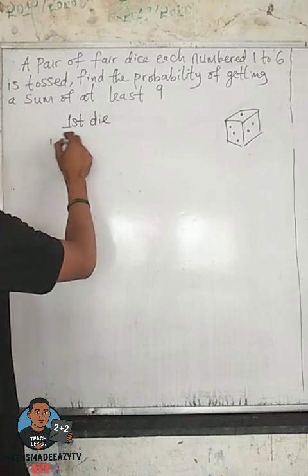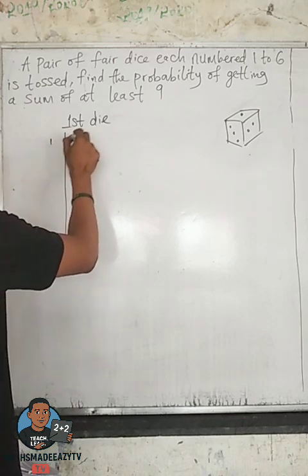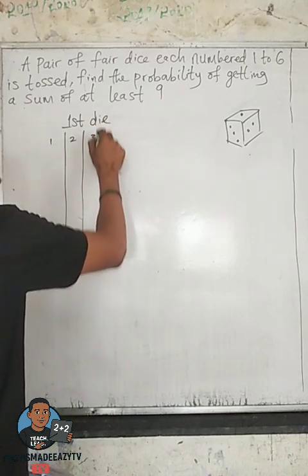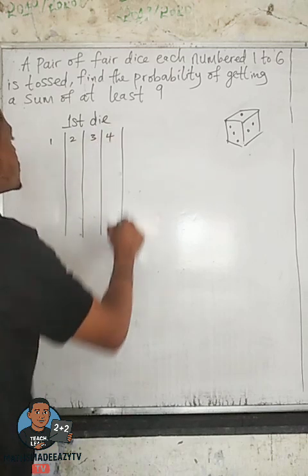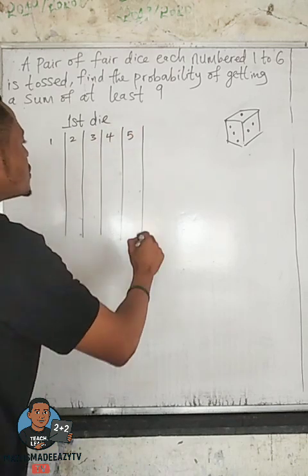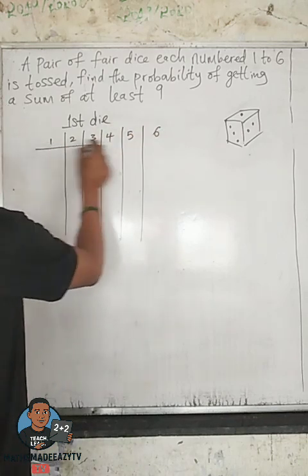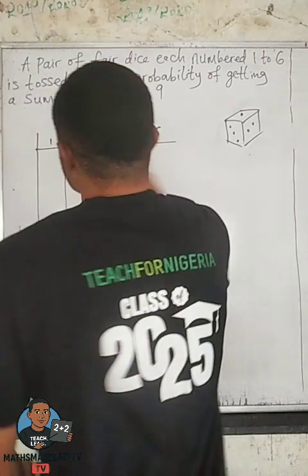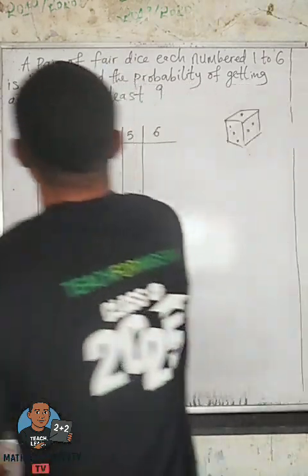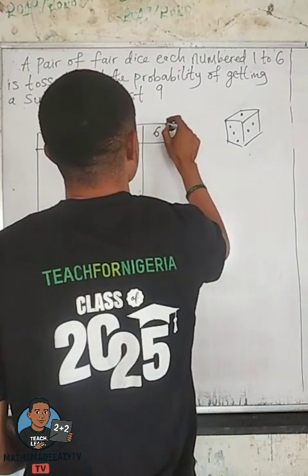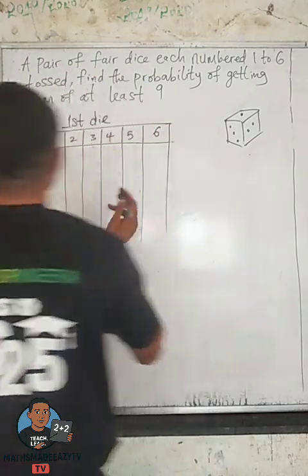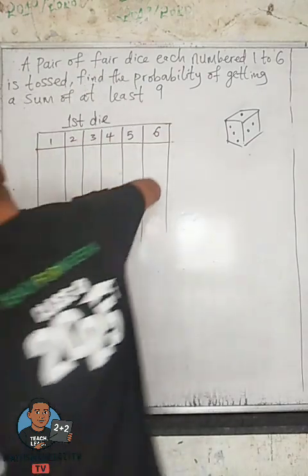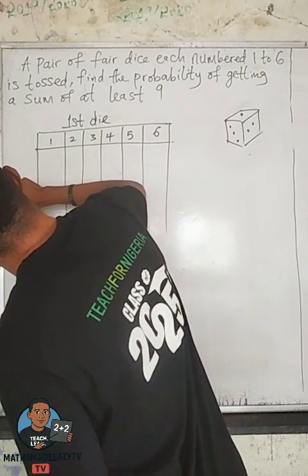We have 1, then 2, 3, 4, 5, and 6. Those are the numbers expected to be on the first die. At the same time, the second die has the same feature. So we have the second die here.